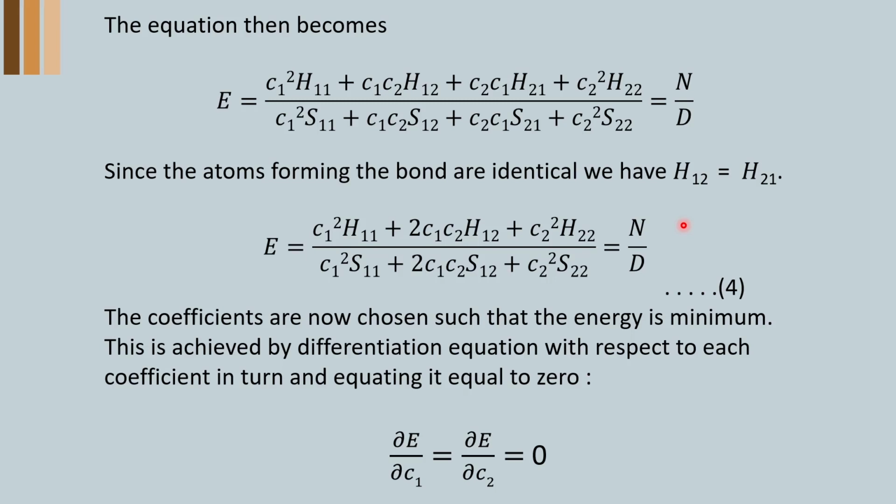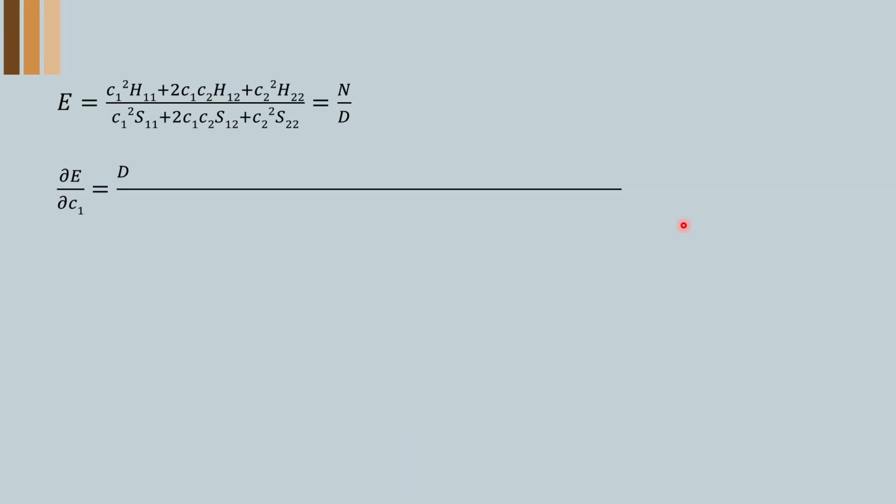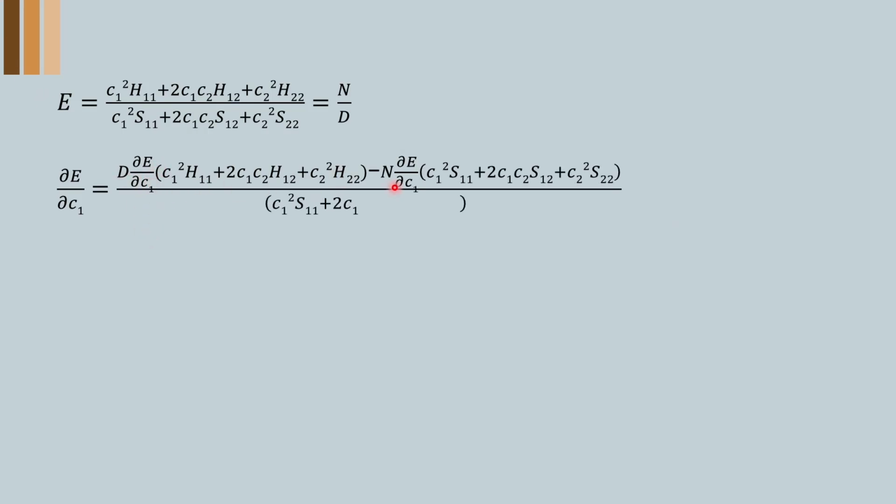Let us see how it responds to differentiation with respect to c1. We have this principal equation, and let us assume that it is equal to numerator upon denominator. To differentiate it, we apply the formula for differentiation of a quotient: denominator times the differentiation of the numerator with respect to c1, minus numerator times the differentiation of the denominator with respect to c1, over the square of the denominator.